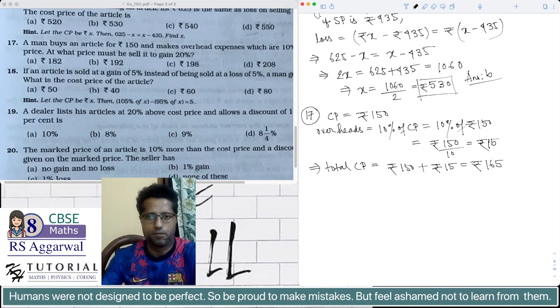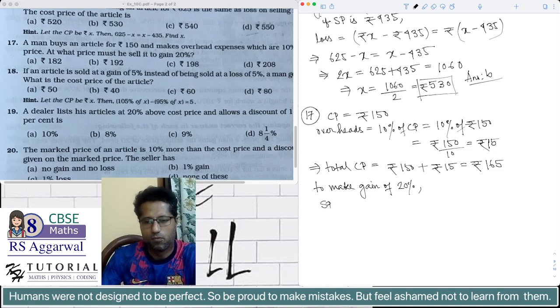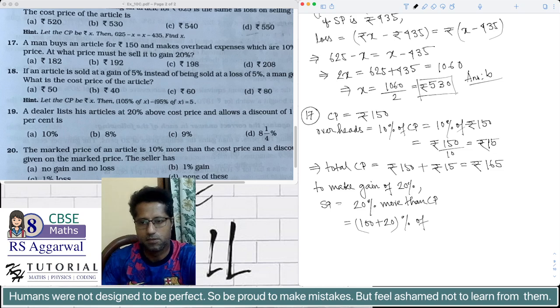Now it is asking that at what price must he sell it to gain 20%. So to make a gain of 20%, the selling price has to be equal to 20% more than cost price. 20% more means 100 plus 20% of the cost price, rupees 165.